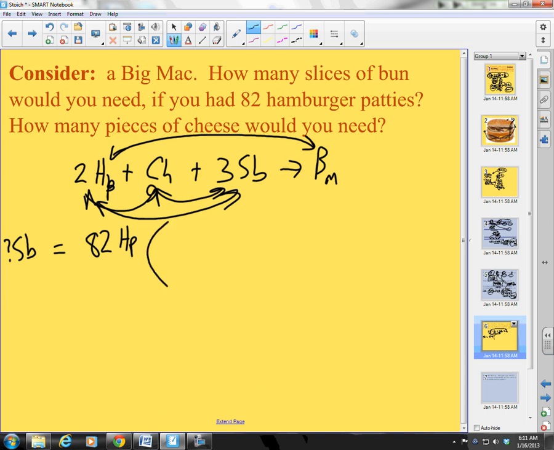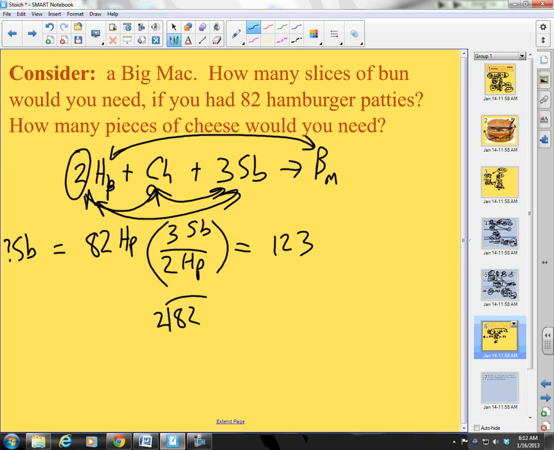All I have to do is say what? I have 3 slices of bun for every 2 hamburger patties, right? So 82 divided by 2 is 41. 41 times 3 is 123.